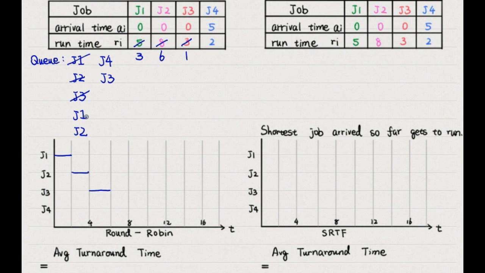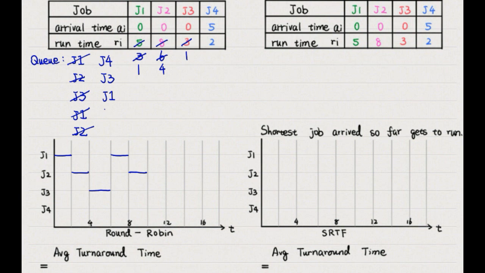The head of queue is now J1, so we run J1 for 2 seconds, and the runtime of J1 becomes 1. And we insert J1 to the back of the queue. The head of queue is J2, so we run J2 for 2 seconds, and the runtime of J2 becomes 4.